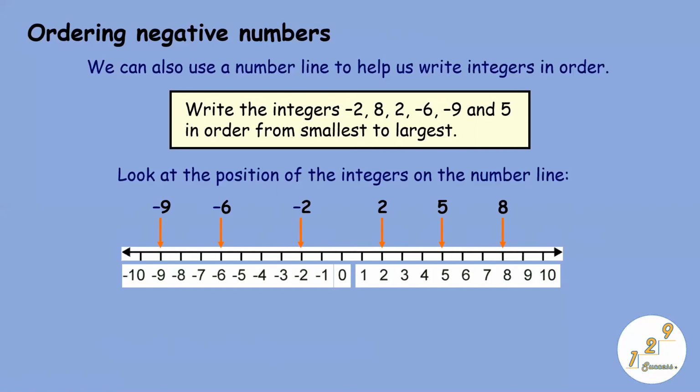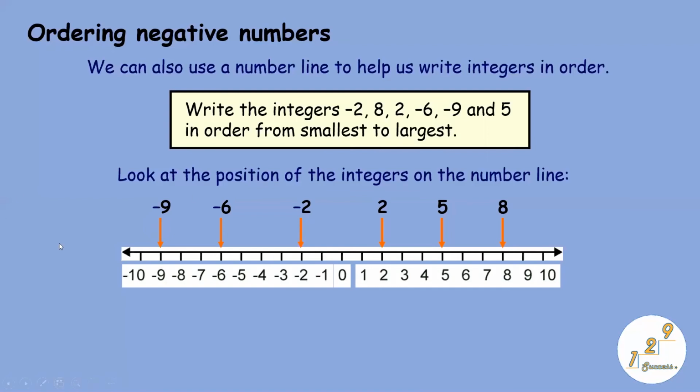And as we move to the right, our numbers are getting larger. And that's something really important that we need to remember here. And by putting our numbers on our number line, labeling them with our arrows, we have been able to answer this question.